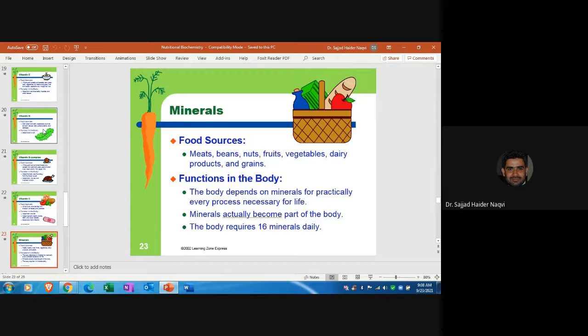The next group of the food nutrients are minerals. Minerals are similar in their function to vitamins. They themselves do not directly produce energy, but they are part of those metabolic reactions which actually produce energy.